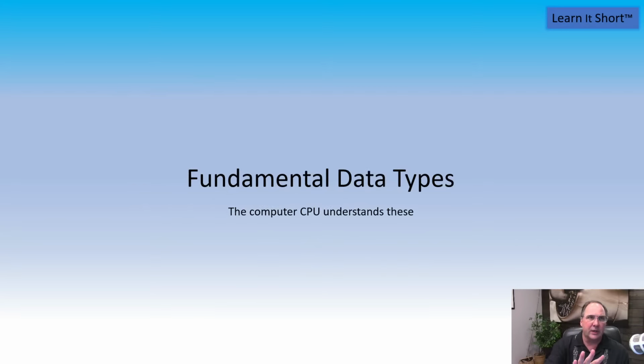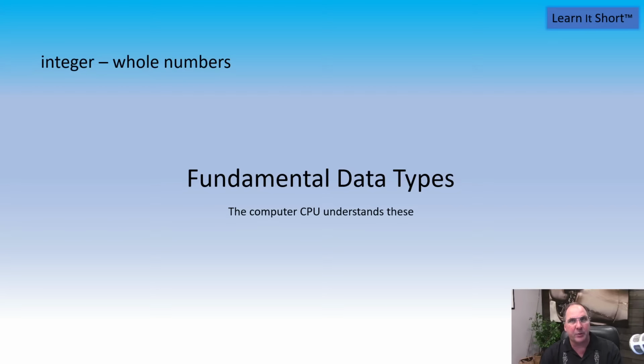So the computer CPU is hardwired to understand certain fundamental data types. What does the CPU's circuitry, its electrical engineering, know how to do? It knows how to represent and manipulate, and perform math on, integers, whole numbers.